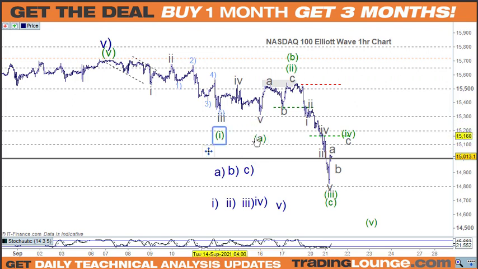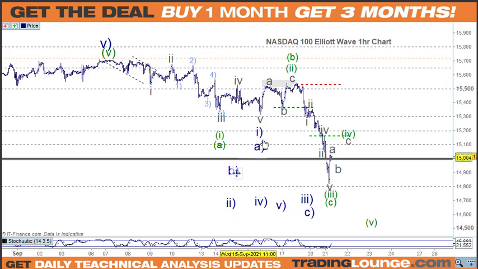So if I move these out of the way here, I'm going to put the A wave here, but I'm going to put the wave 1 on top, because this move down here was rather sharp, so it's more like a 3rd wave rather than a C wave, but we'll look at that as well in a moment. Just wanted to, as I mentioned yesterday, get the degree of structure right with this. We've got to start working on that.